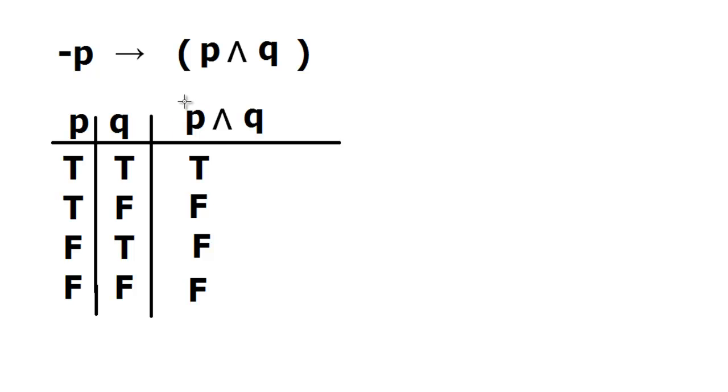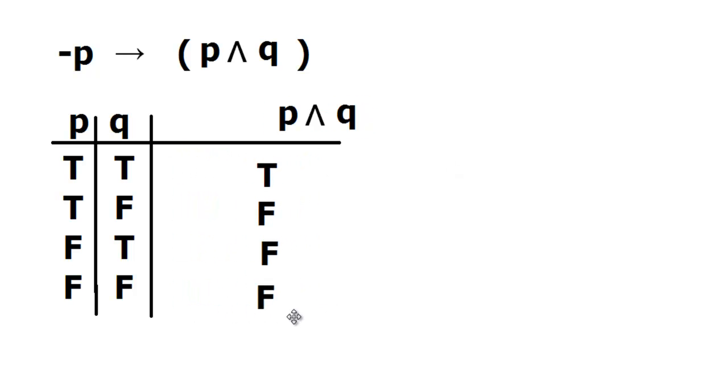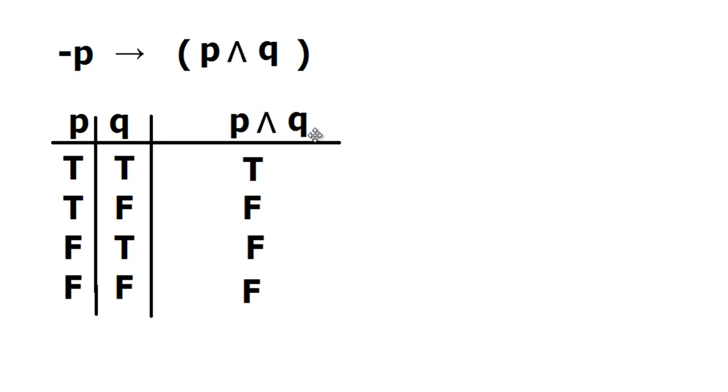Since we are looking at this implication, let's bring them over here, and in the middle we will insert a column for negative P. So let's fill this column up.